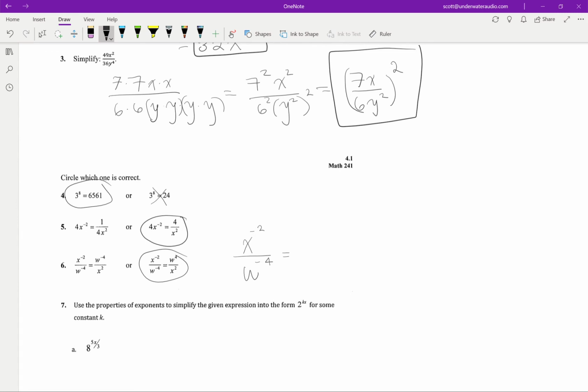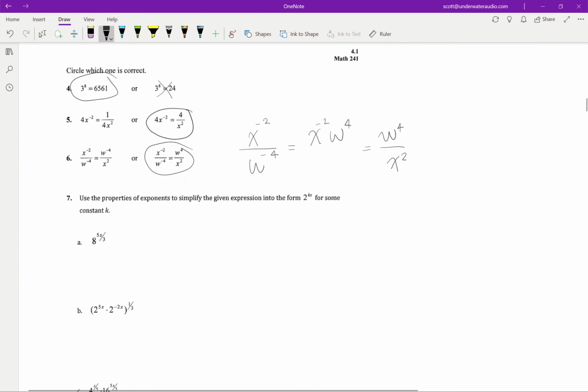So that's x to the negative 2, w to the 4th. And then I can bring the x to the negative 2 into the denominator by getting rid of that negative exponent. So w to the 4th over x squared, which, yeah, is the second one. Cool.